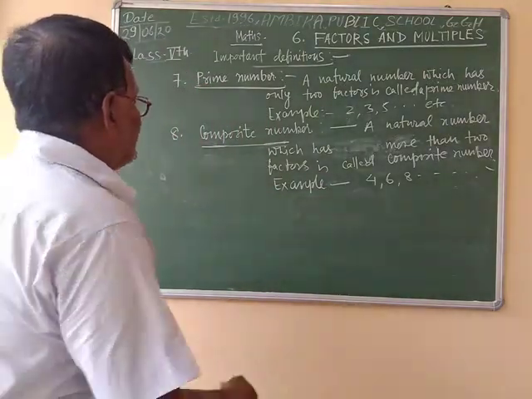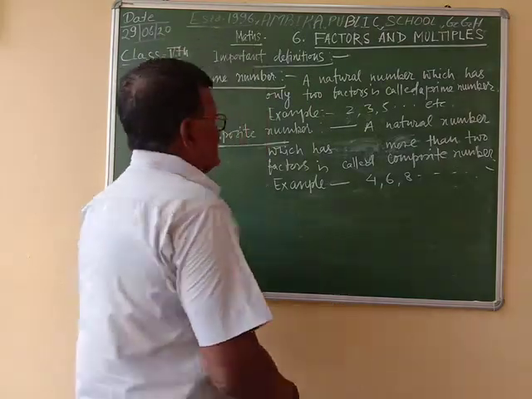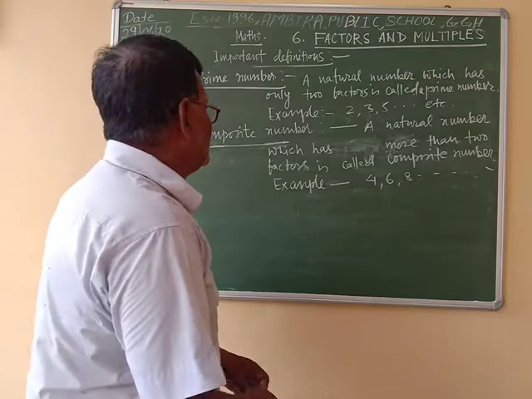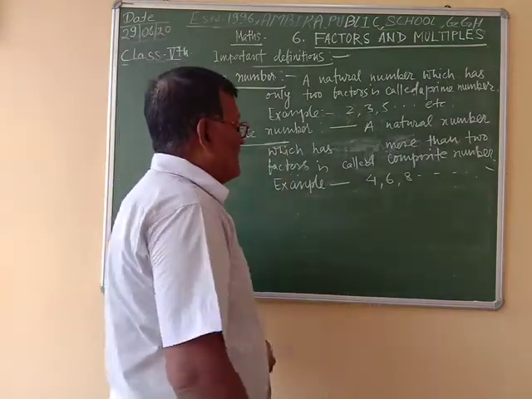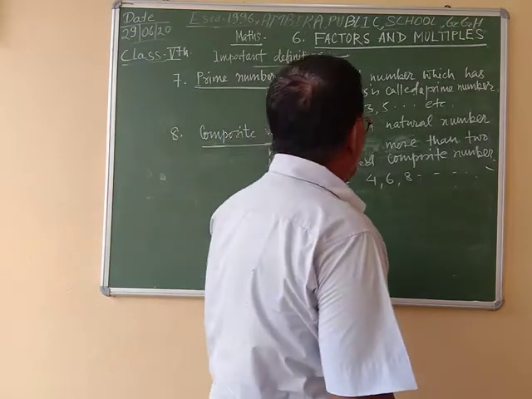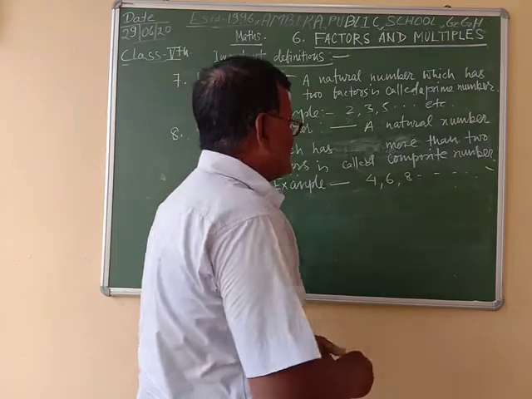And composite number, यौगिक संख्या, a natural number which has more than 2 factors. जिस प्राकृतिक संख्या का 2 से अधिक गुणनखंड हो तो उसे हम यौगिक संख्या कहते हैं. As for example, 4, 6, 8, 10, 12 all are composite numbers because each has more than 2 factors.